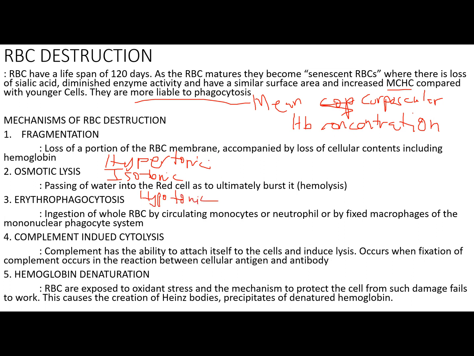Now, when you put an RBC in a hypertonic solution, class, the RBC would crenate, it would crenate or shrink. If you put an RBC in a hypotonic solution, it would swell and then it would burst, becoming what we call a ghost cell.